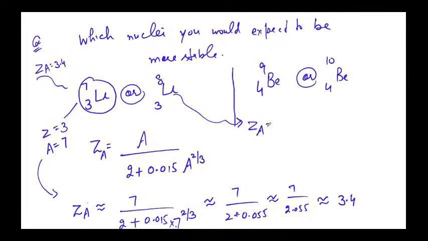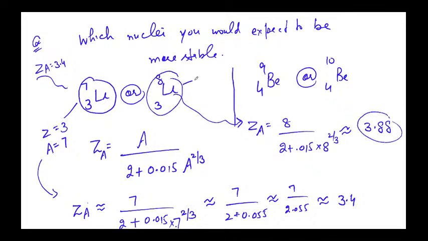So ZA comes out to be 8 over 2 plus 0.015 times 8 to the power 2 by 3, and when you calculate it, it is coming 3.88. So the value of ZA is 3.88. Now in this case, the Z given to us is 3.